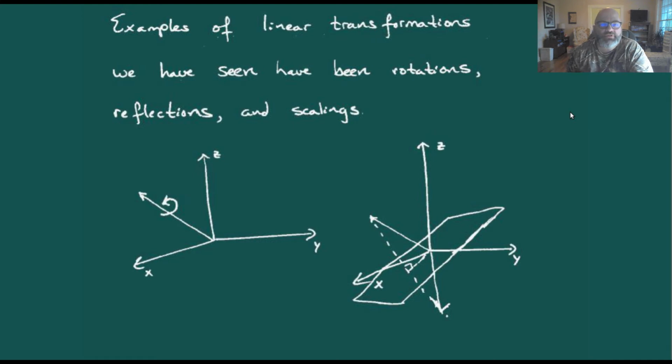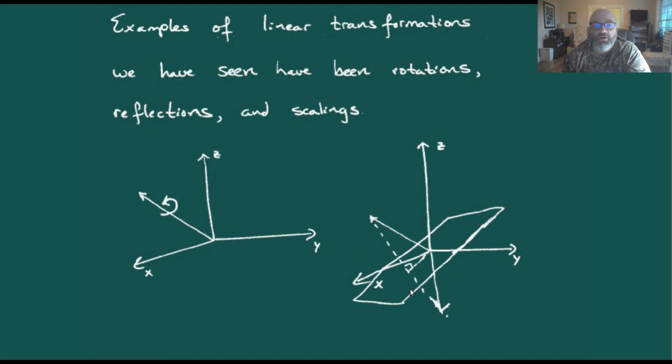Now, what we've seen so far in examples of linear transformations are rotations, reflections, and scalings. With rotations, we imagine some vector pointing in a direction as our axis of rotation, and our entire space is then being rotated around that particular direction.